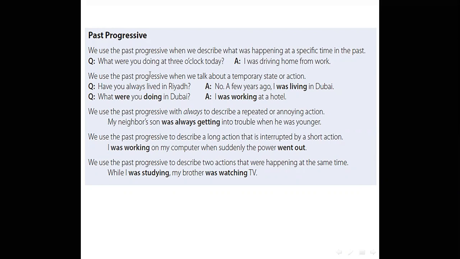Excellent. The form of past progressive is was or were plus ing. This is the form of past progressive.